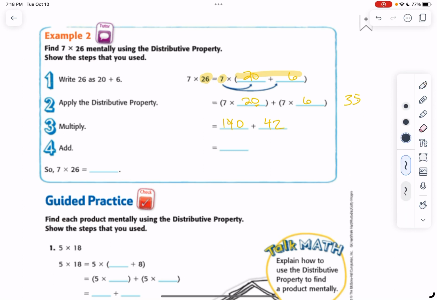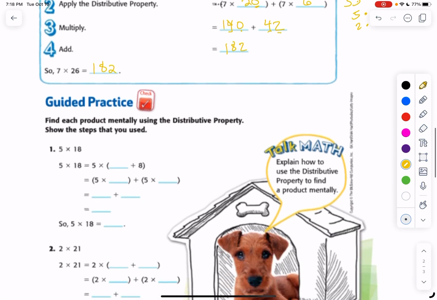Silly Miss Munyon. All right. So 7 is a 5 and a 2. 35, 40, 42. All right. So a 0 and a 2 is 2. A 4 and a 4 is 8. And we have 100. So 7 times 26 is 182.